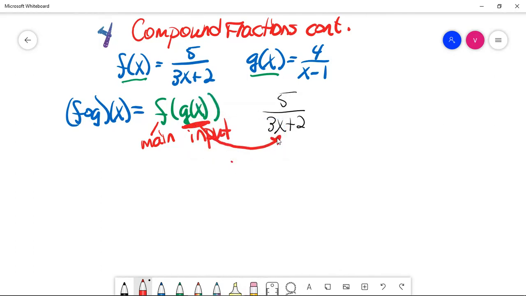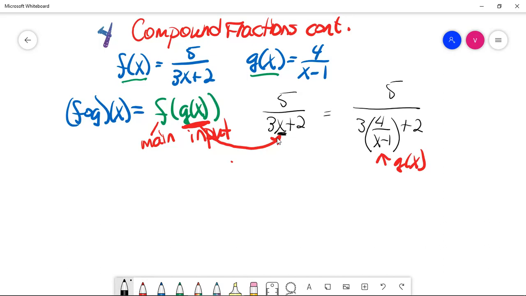So that becomes 5 over 3 times 4 over x minus 1, plus 2. That's what that x is; we input g of x into that x. In case you have any doubt, that's a g of x right there.